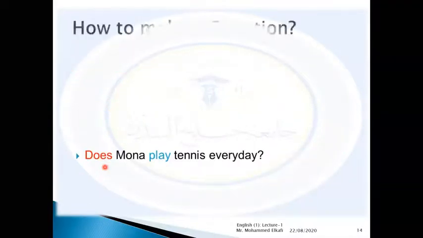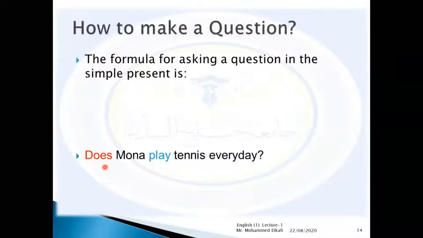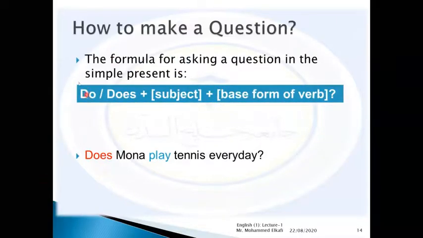Okay, so how do we make a question? The formula for asking a question in English in the present simple is using do or does. Do is for I, you, we, they. When the subject is I, you, we, they, we use do. In case it was he, she, it, we should use does.